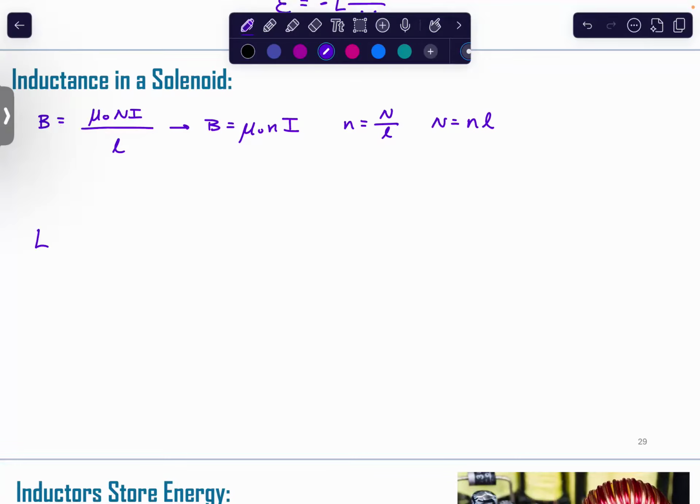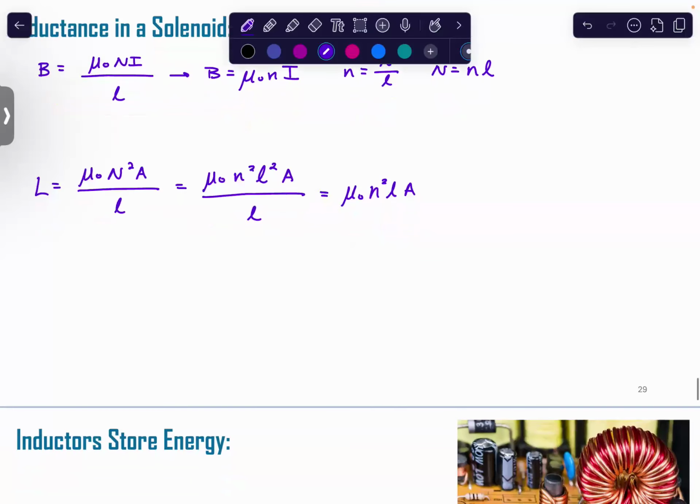So if our inductance, we can plug in the n times l: mu 0, n squared, l squared, area for L, we're going to get mu 0 n squared l A, or mu 0 N squared A over l.